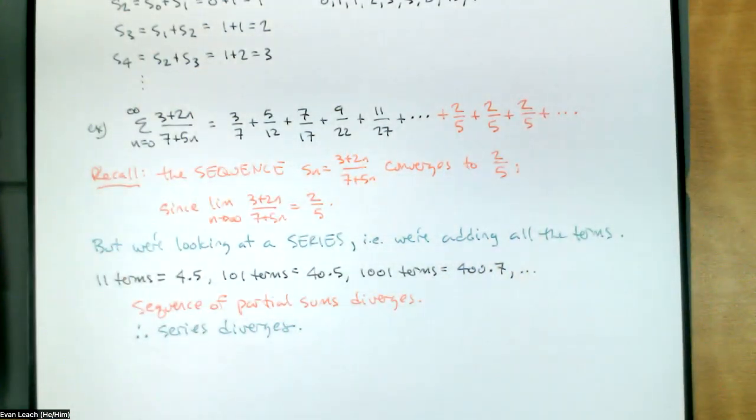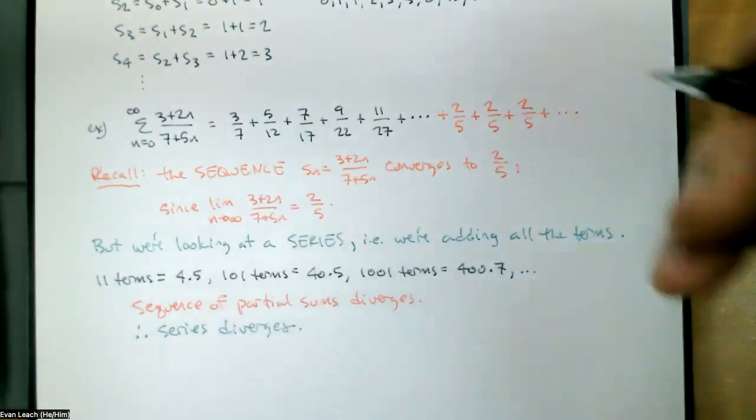For large values of n, the terms in this sum are arbitrarily close to 2/5. Still hasn't got it.